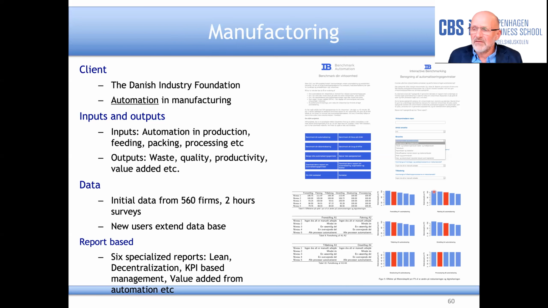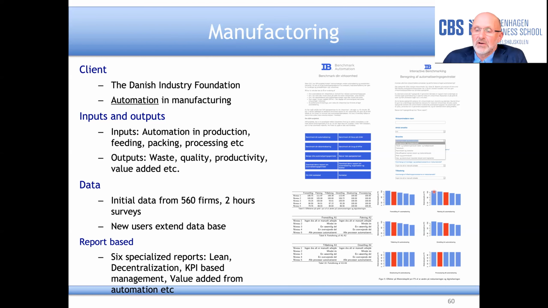So in this way, we developed a model about the relationship between optimization and different output indicators, and then we gave people the possibility of getting a tailored report about, given your situation, given your size of a company, given your industry, and given your level of optimization, what is the likely consequences of automating more at various points in your production process.